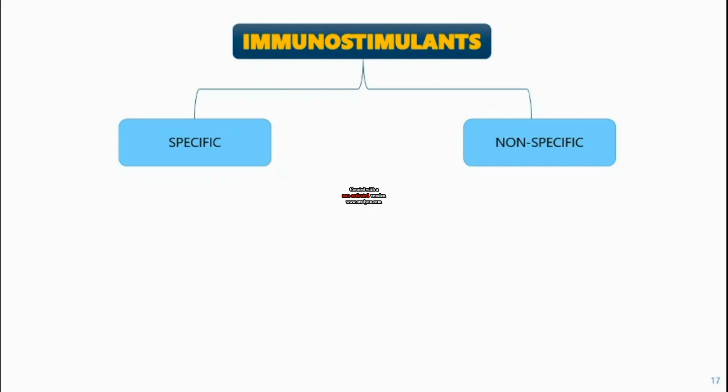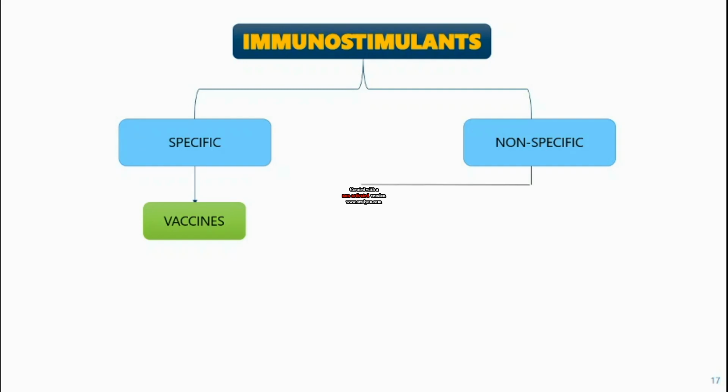Specific immunostimulants, such as vaccines, stimulate an immune response to one or more specific antigenic types, whereas non-specific immunostimulants do not have any antigenic specificity but can act as general stimulants that enhance the function of certain types of immune cells.